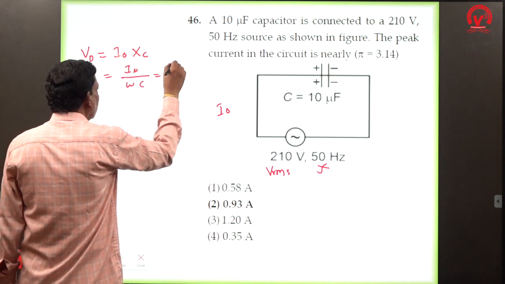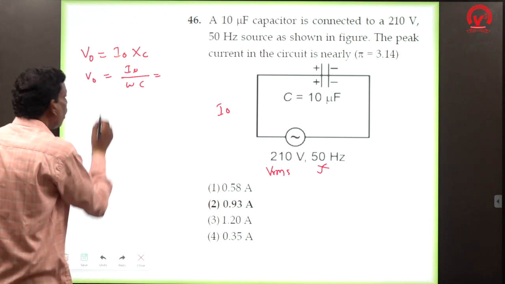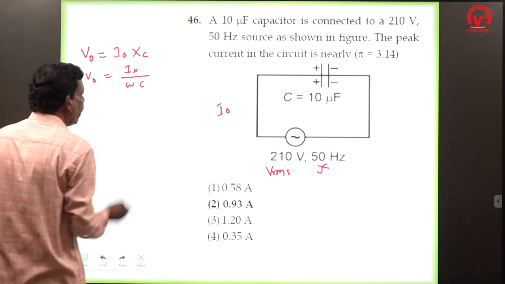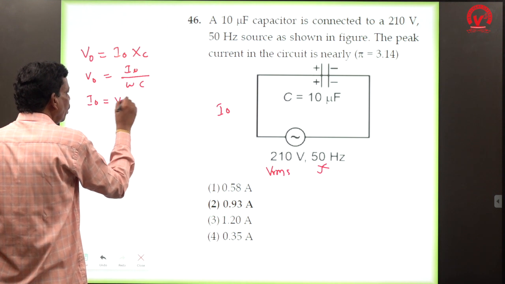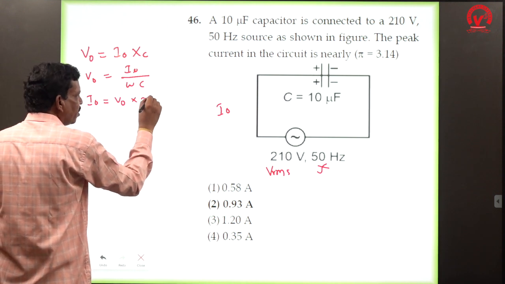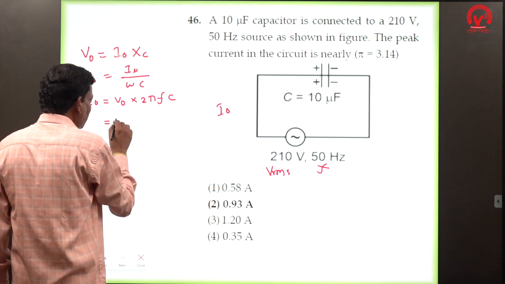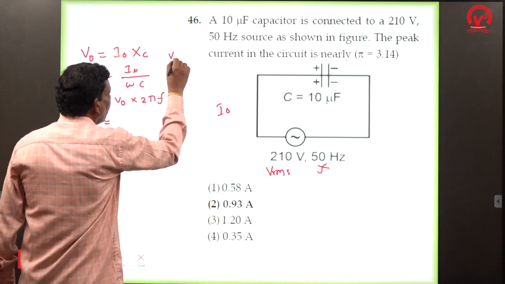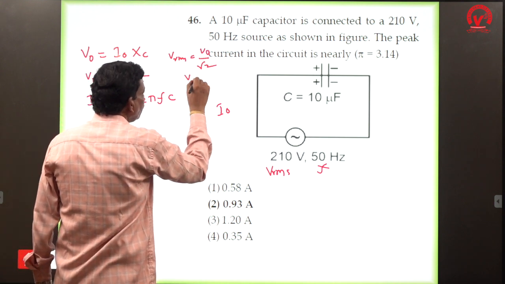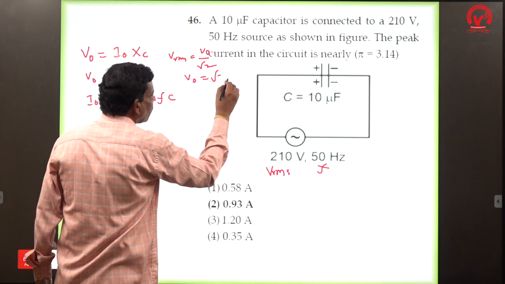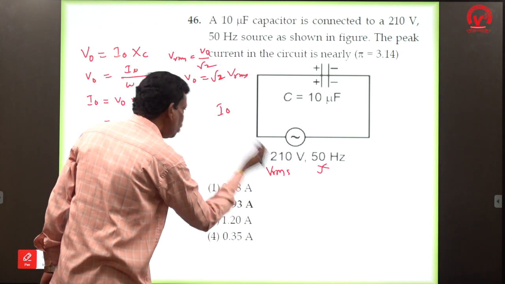I naught is equal to V naught into omega C, and omega can be written as 2 pi f. Now what is V naught? We have VRMS equal to V naught by root 2, so V naught is root 2 VRMS, and VRMS is 210.